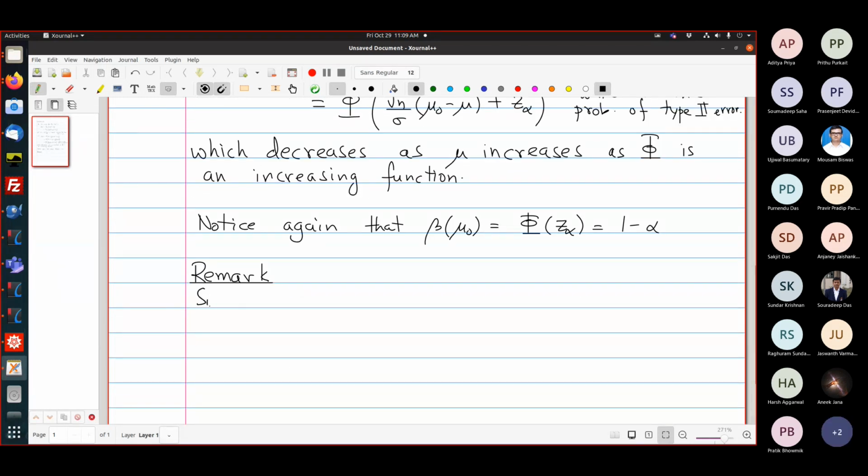So suppose we want to test the null hypothesis mu is less than or equal to mu naught versus H1, the alternative hypothesis, which is its negation.